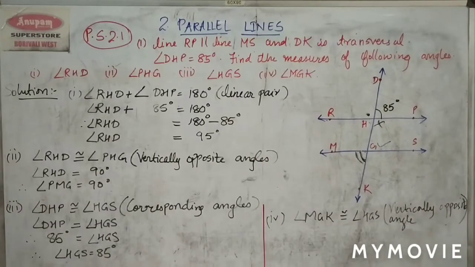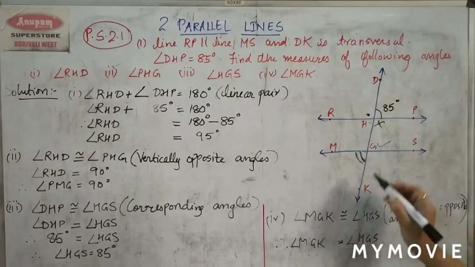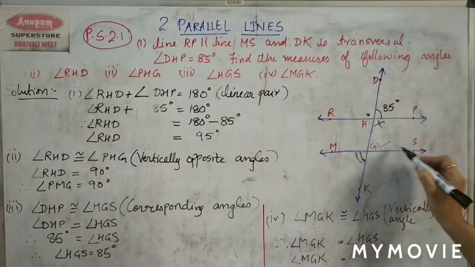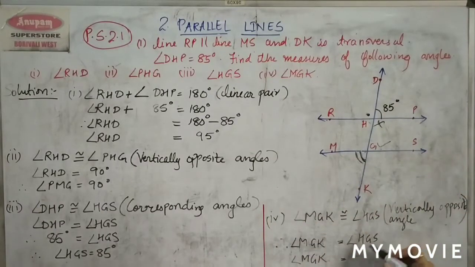Vertically opposite angles, and therefore, in the next step I'll say angle MGK is equal to angle HGS. This is the same thing, but instead of congruency now I am showing the equal to sign. But we know that HGS, see now MGK I'll write as it is, but what is angle HGS? HGS is 85 degrees.